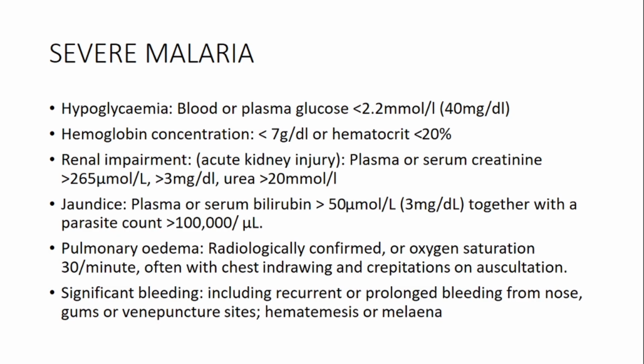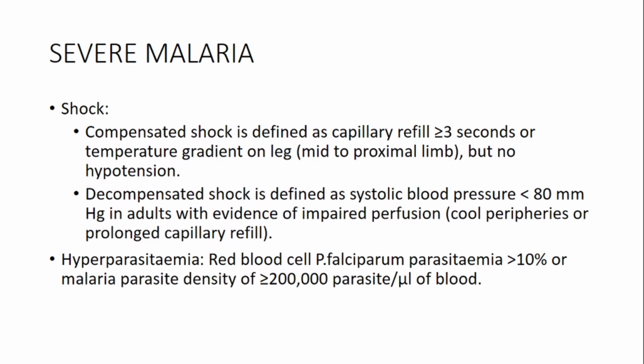Then in severe cases, malaria could also be associated with complications such as disseminated intravascular coagulopathy, and this could present as significant bleeding from different sites. Patients could have bleeding from the nose, gums, or venipuncture sites. There could also be hematemesis or melena. Patients could also come in shock, which could be compensated or decompensated.